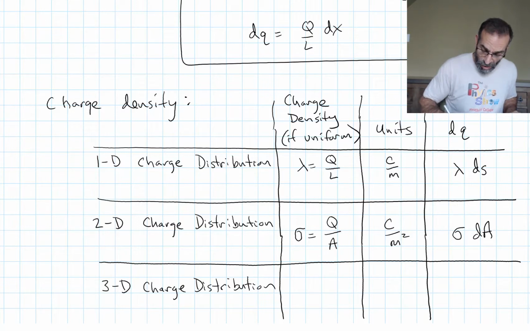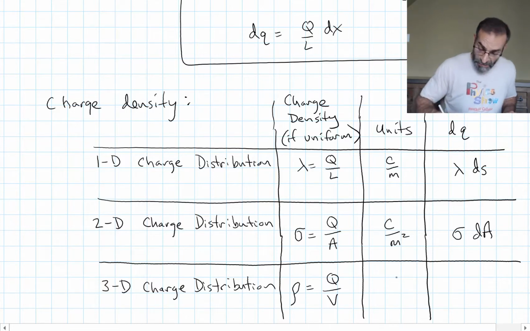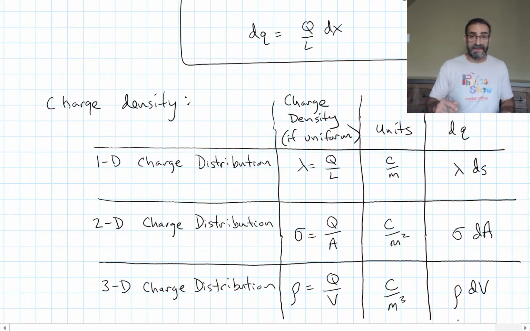We use rho for our charge density symbol, and that would be the total charge over the total volume if the charge was uniformly distributed, which means the units are coulombs per meter cubed, and rho dV would be our dq, and so our volume element means we have a triple integral to do there.